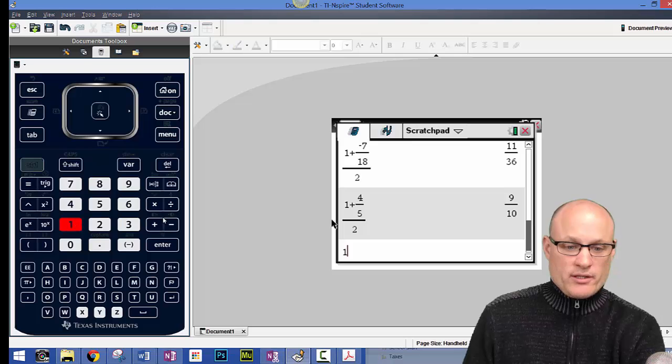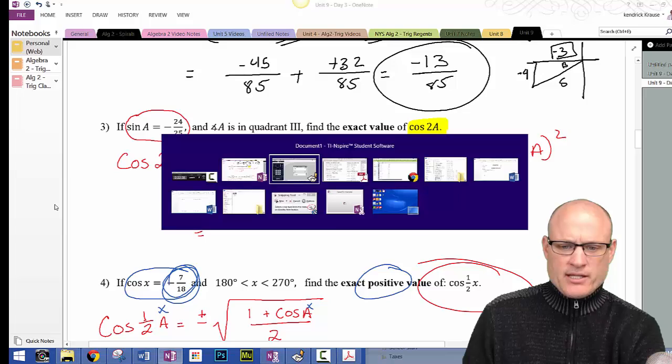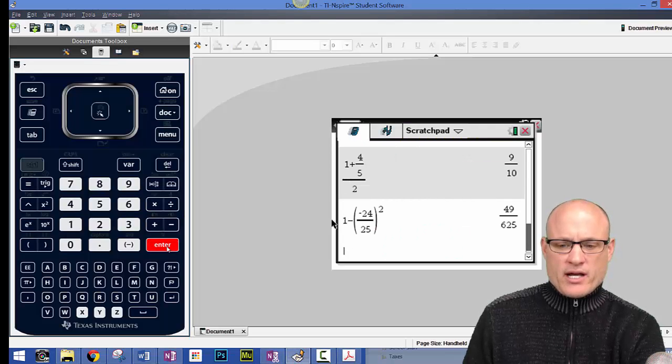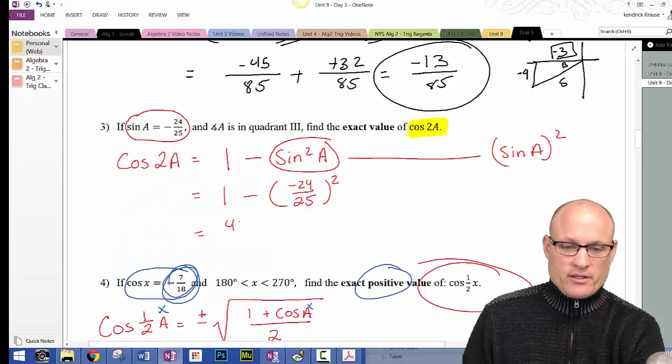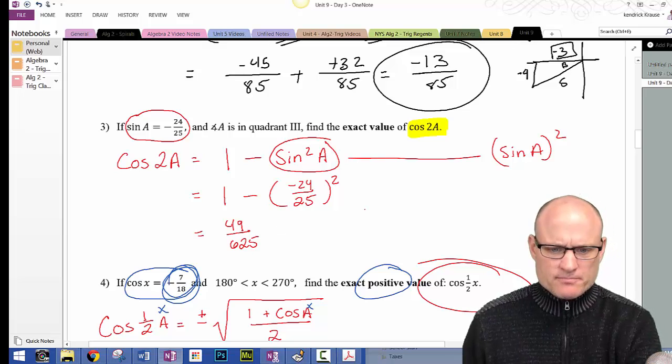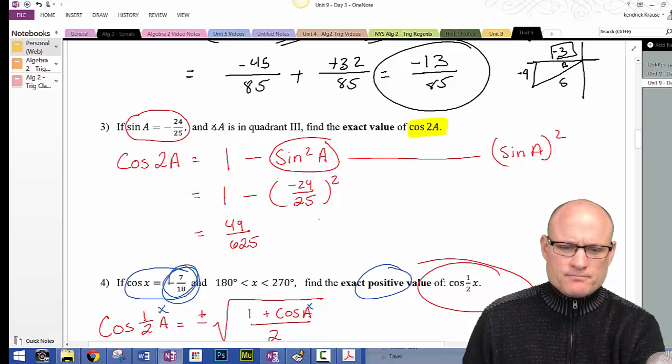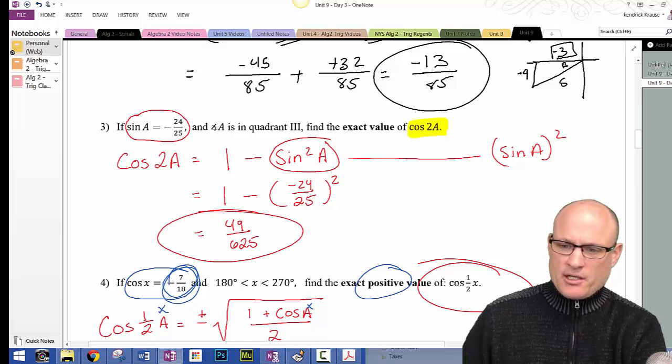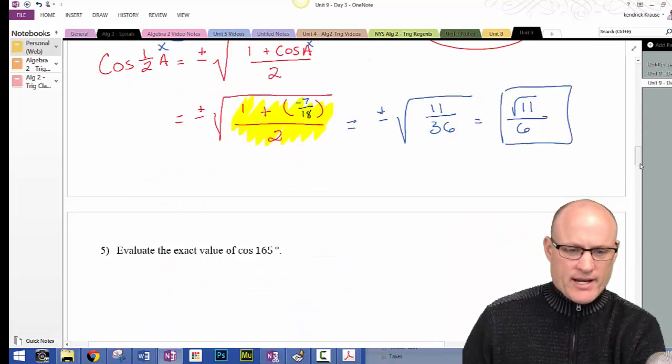So it's going to be 1 minus parentheses, negative 24 divided by 25 parentheses squared. Was that right? That's it. 49 over 625. Really? Kind of cool. 49 over 625. Whatever. It's kind of weird. Done.